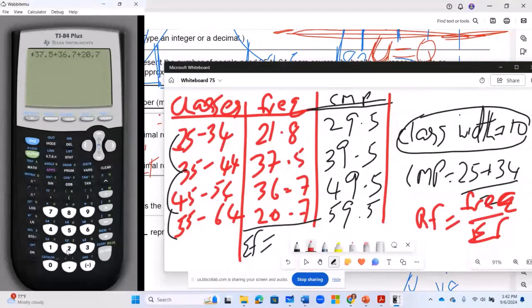Okay, and then we can say equal to... I want to eyeball it. Sometimes you might make a mistake. So eyeball what you put in, because no matter how good the calculation is, if you miss one number, the calculation is going to be wrong. Okay, I'm going to hit enter. So I have 116.7 is the total frequency.